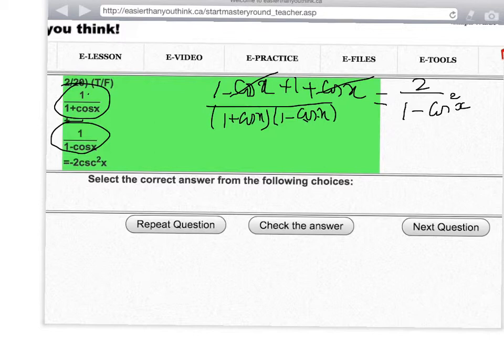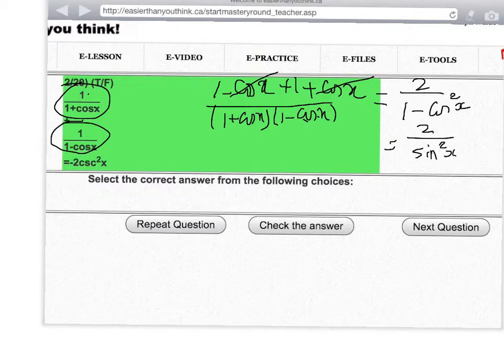But if you remember the Pythagorean identity, what is 1 minus cos squared x? Sine squared x, because sine squared plus cos squared is 1. So 1 minus cos squared is sine squared. So I get 2 over sine squared x.